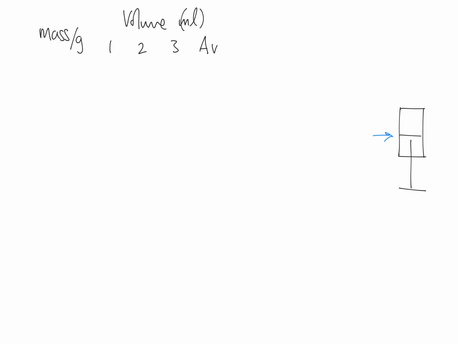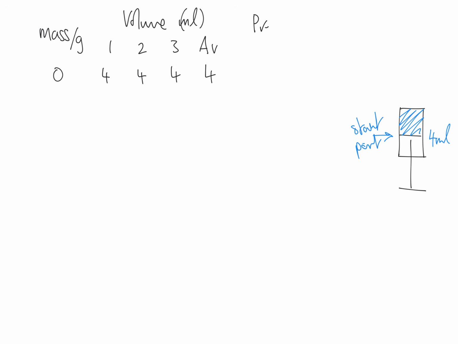I need to take my start point at around 4 millilitres. I need to actually start with some air inside there, otherwise I won't be able to expand the air. So my first reading will probably have 4 millilitres on each of them, because that's my start point.